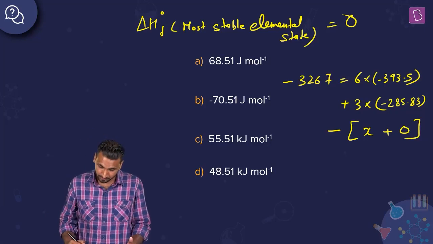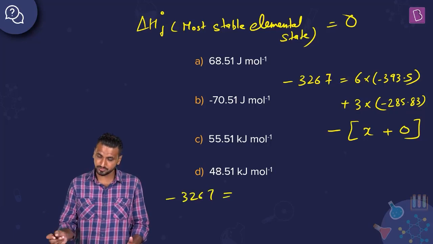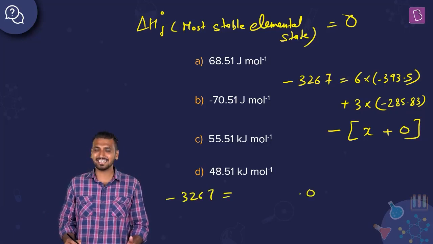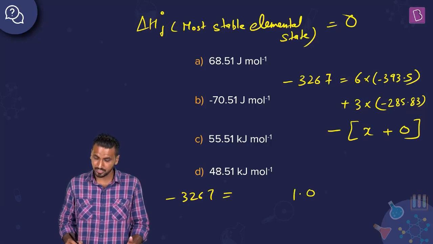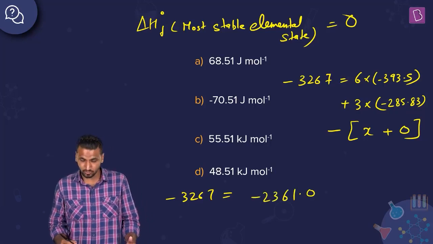Okay. So if I solve this, minus 3267 is equal to 6 times 393.5, which is minus 2361 kilojoule per mole.